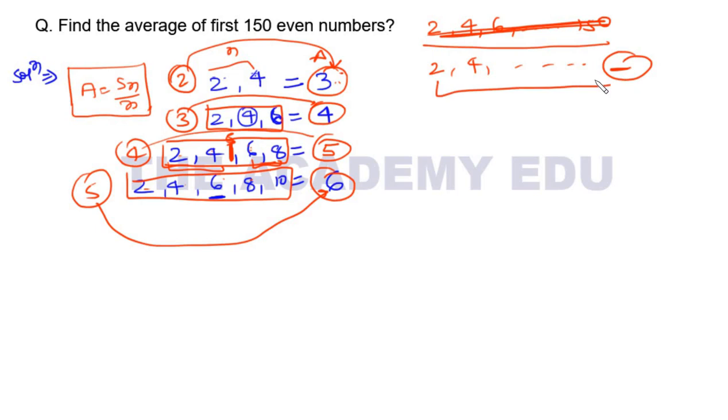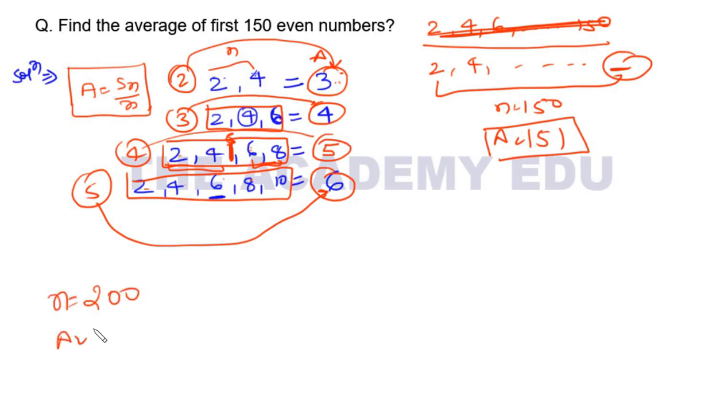So here there are 150 numbers, n is 150. So what is average? Average is 1 more, 151. So this is your answer. Okay. If I ask you, what is the average of first 200 even numbers? So average is 201. Okay.